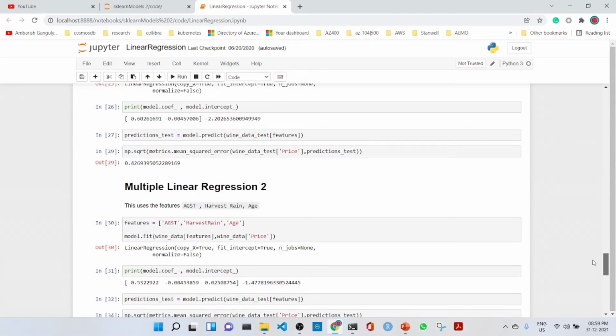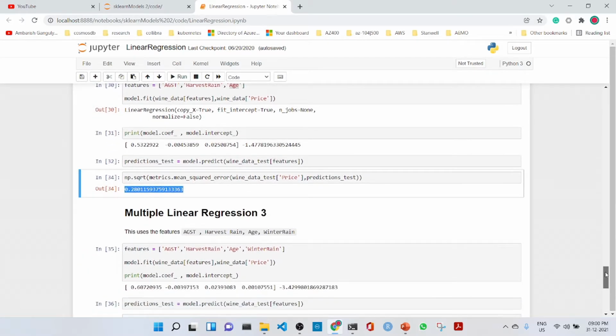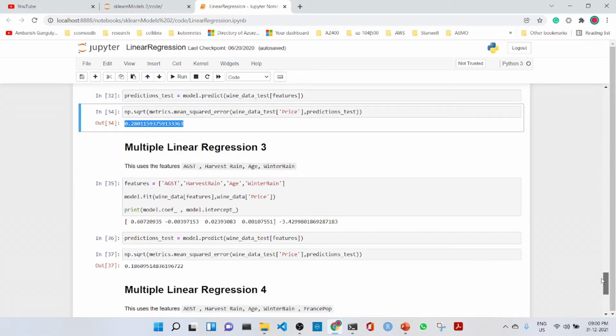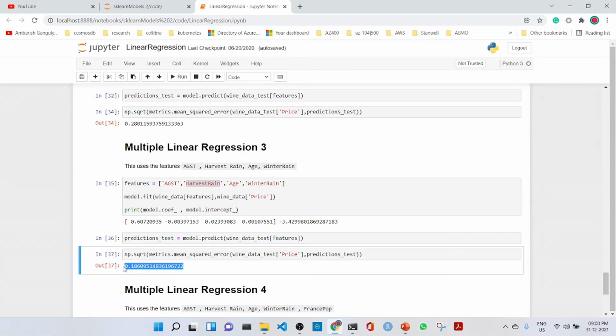With multiple regression using three variables, the AGST, harvest rain, and age, we utilize the same concept and we find that the root mean square error is around 0.28. Now, with multiple linear regression using four variables, AGST, harvest rain, age, and winter rain, the root mean square error is 0.186.